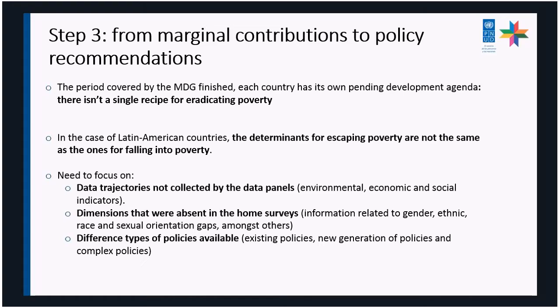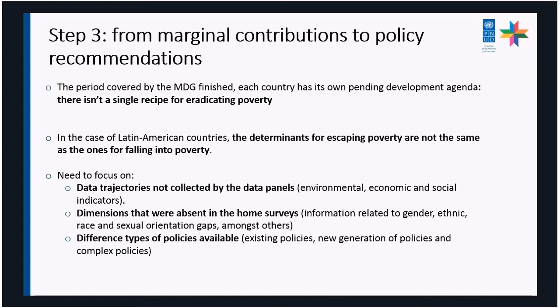Also, it's important to focus on dimensions that are absent in most household surveys and most traditional statistical sources. For example, information related to gender gaps, to ethnic, race, and sexual orientation gaps, amongst others.